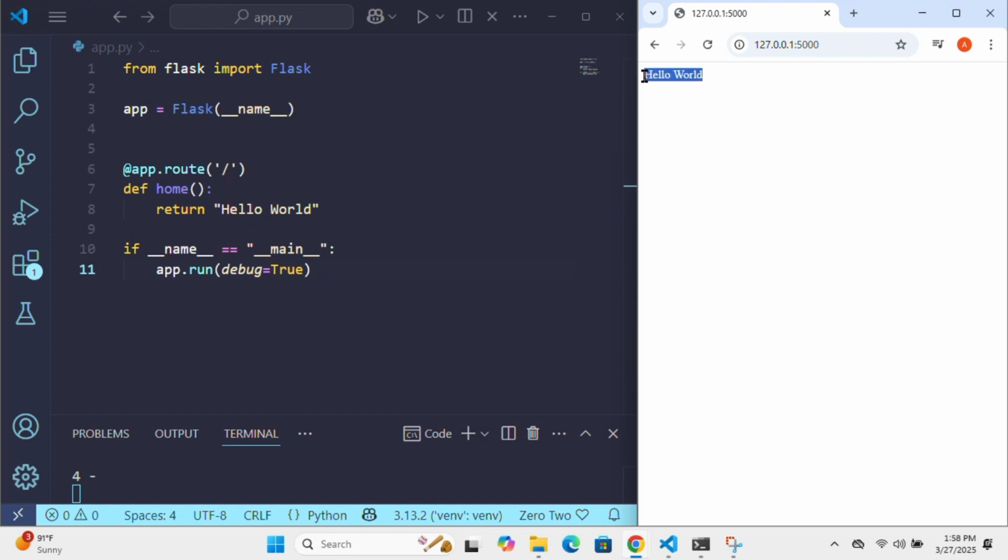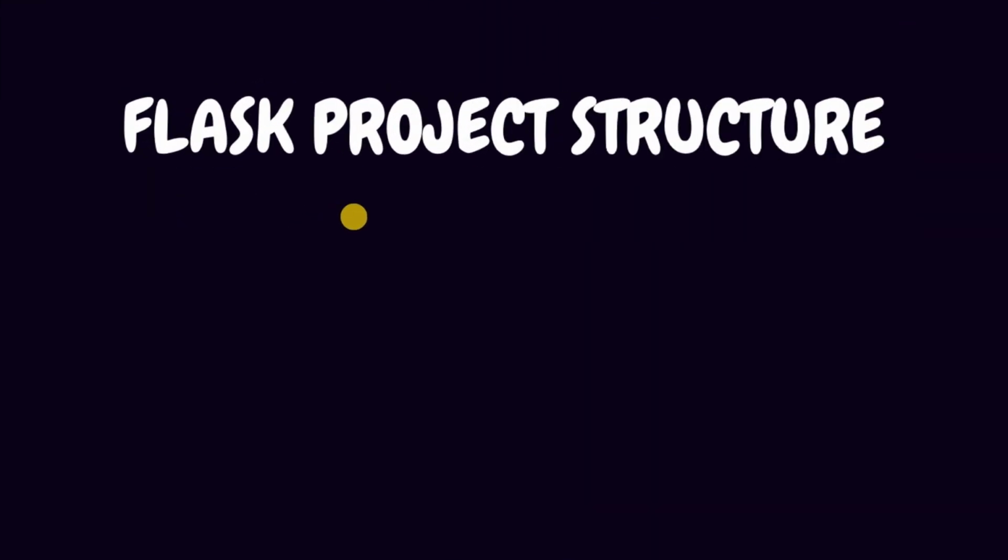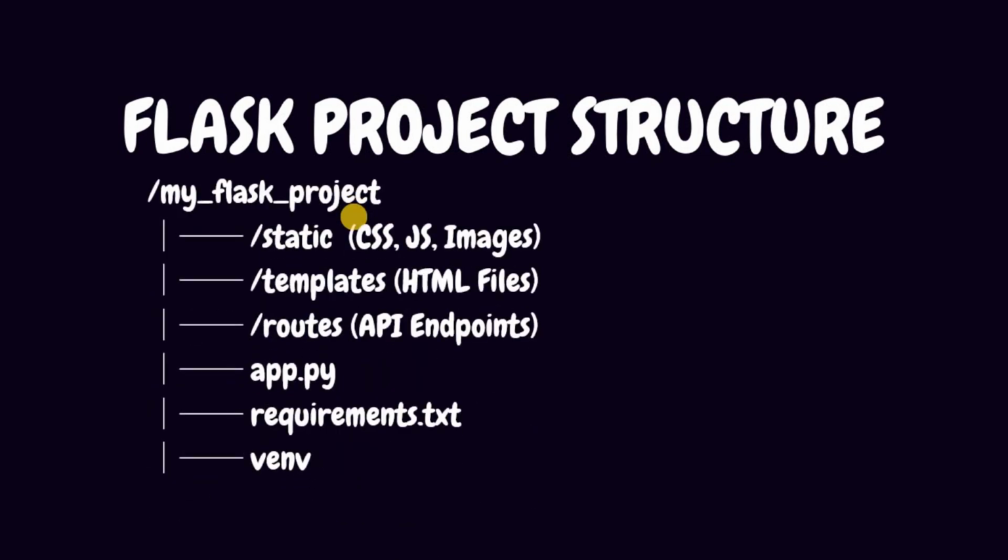Now let's take a look at understanding the Flask project structure. As every Flask project grows, you need a structured project setup. Let's take a look at some of the most common project structures that are used in the real world. Here we'll have my_flask_project.